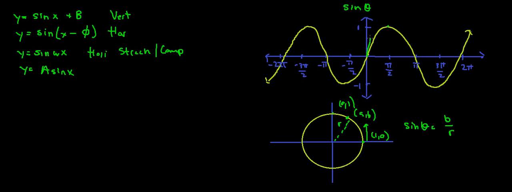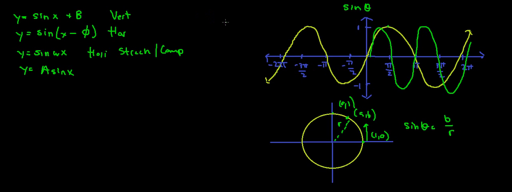So it would look something like this. Where I have, if I were to go 2 pi, then normally I would have only gone around one time.